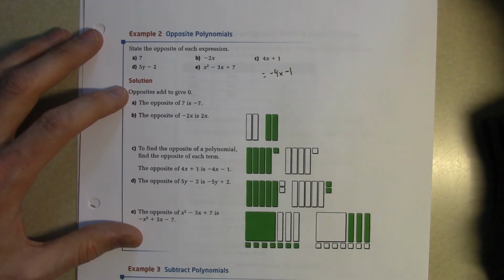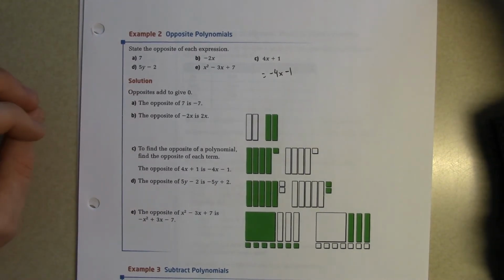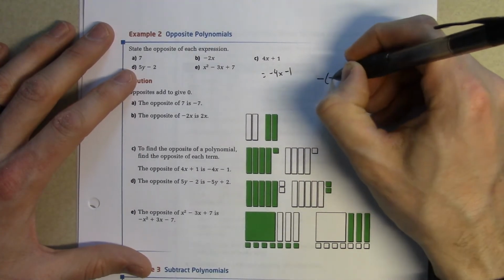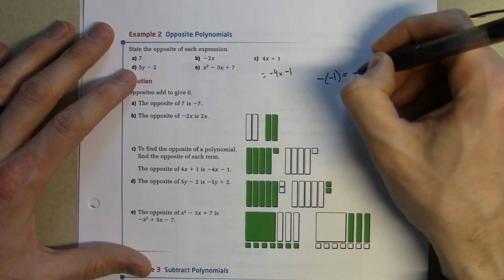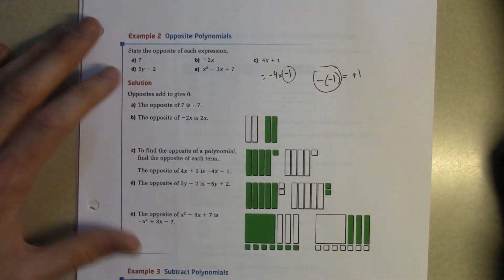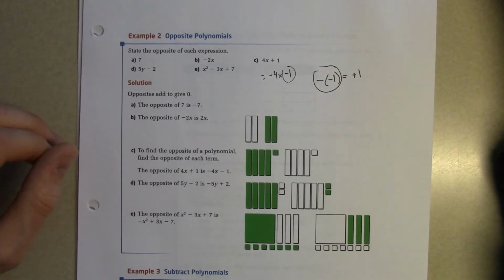But he's saying, why don't you do negative 4x minus negative 1? No, negative 1 is positive 1, so this is not the same as this. That's the same as the one up top, that's why you're supposed to flip it.